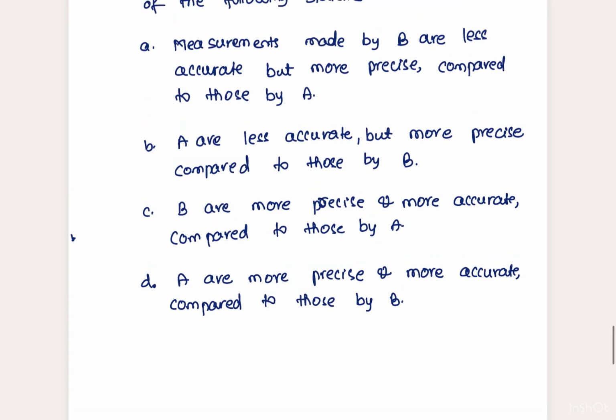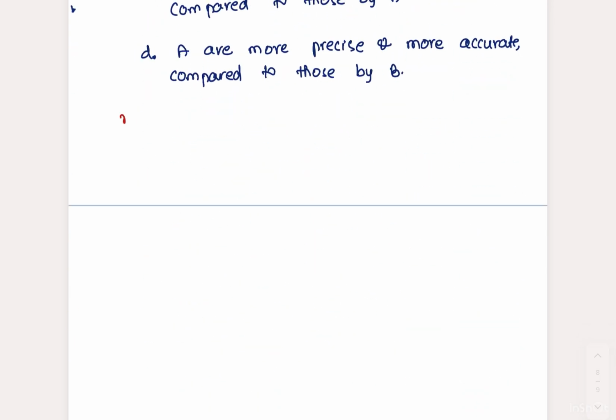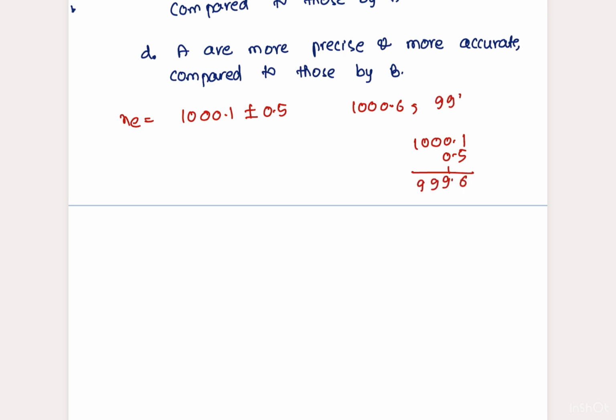So we have to compare the accuracy and precision of A and B, and first we see how to do that. The exact length is 1000.1 plus or minus 0.5. It has values 1000.1 plus 0.5, which is 1000.6, and 1000.1 minus 0.5, which is 999.6.